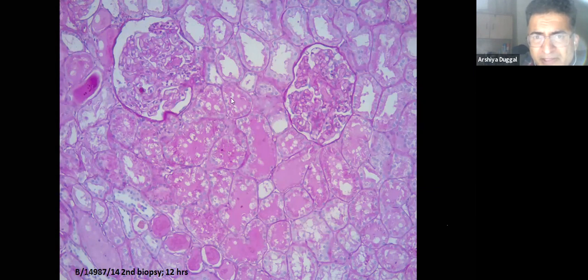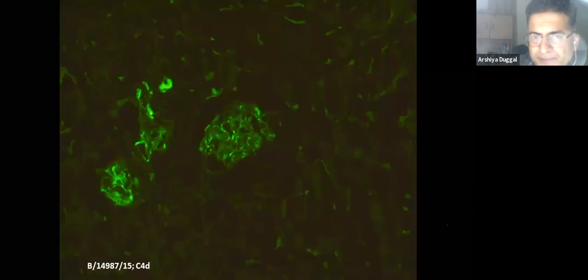Just compare these tubules with the tubules lying here. There was significant acute tubular injury, and the TMA was of similar degree to what I showed you in the first image. So TMA was persisting, and the ATN progressed further towards more severe acute tubular necrosis.